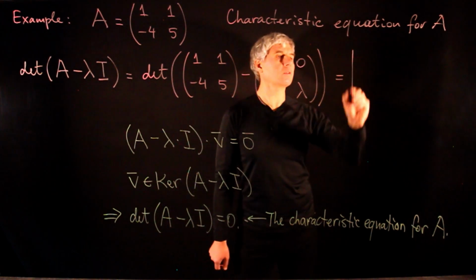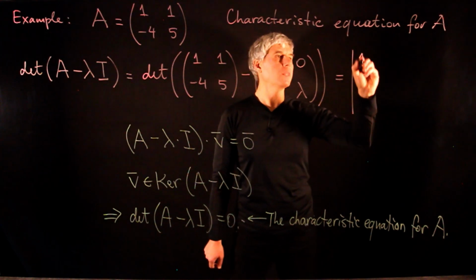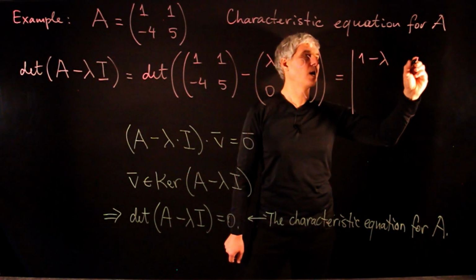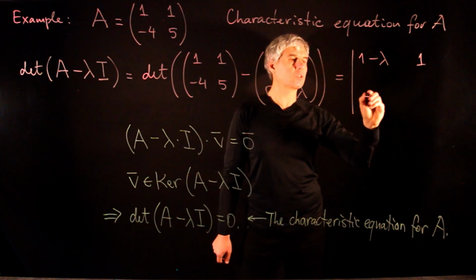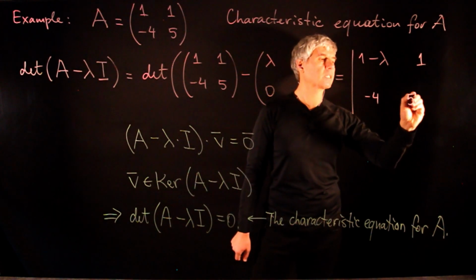And then we get the following 2 by 2 determinant: 1 minus lambda, 1, minus 4, and 5 minus lambda.